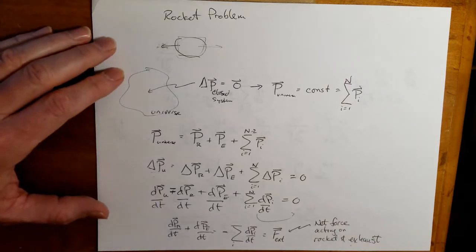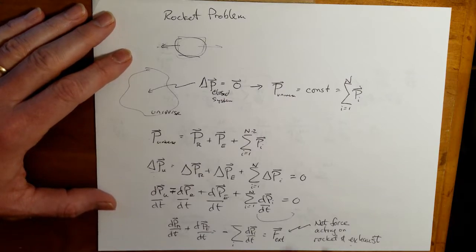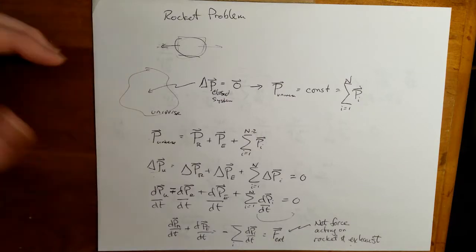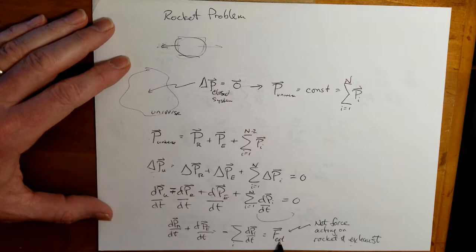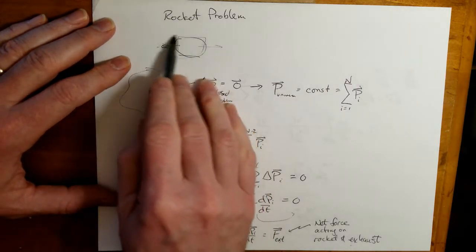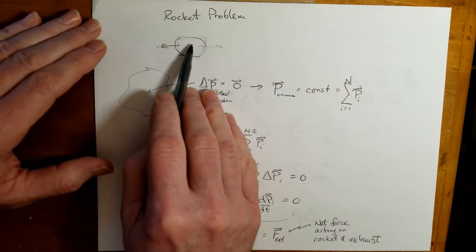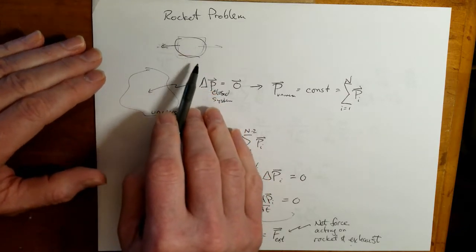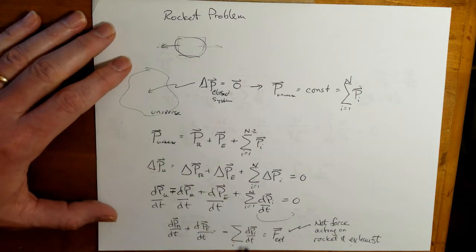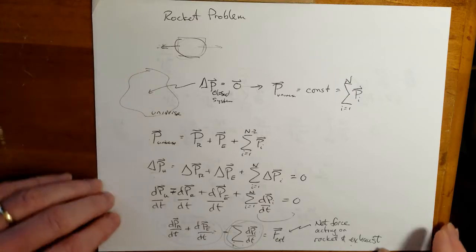In the case of a rocket launch, one of those external forces would be the force of gravity. So if you think about this, there's some external force acting on the system here. Well, by Newton's laws, if there's an external force acting on it, then it must be exerting a force on the external source. And so that's basically what this is right here. This is the force acting on the external source, and the negative of that would be the external force acting on our system.